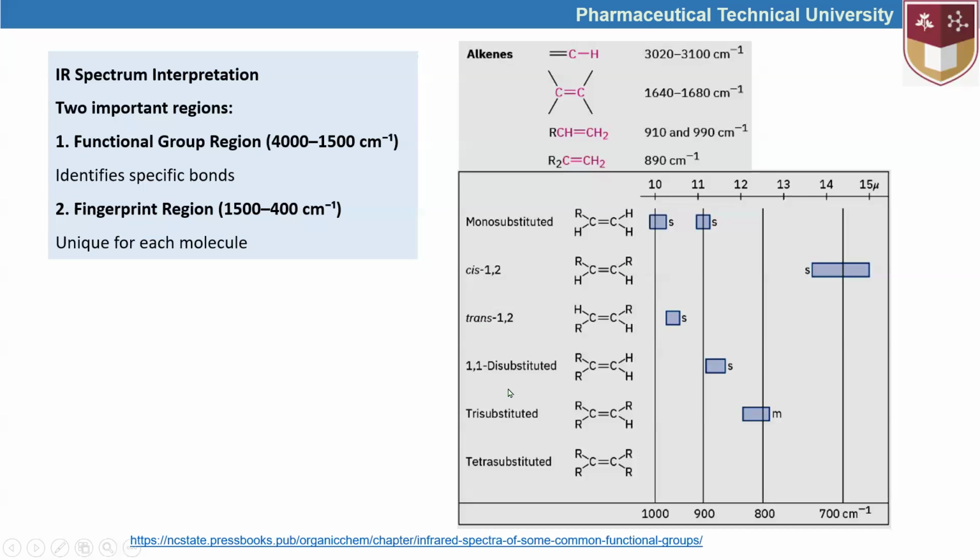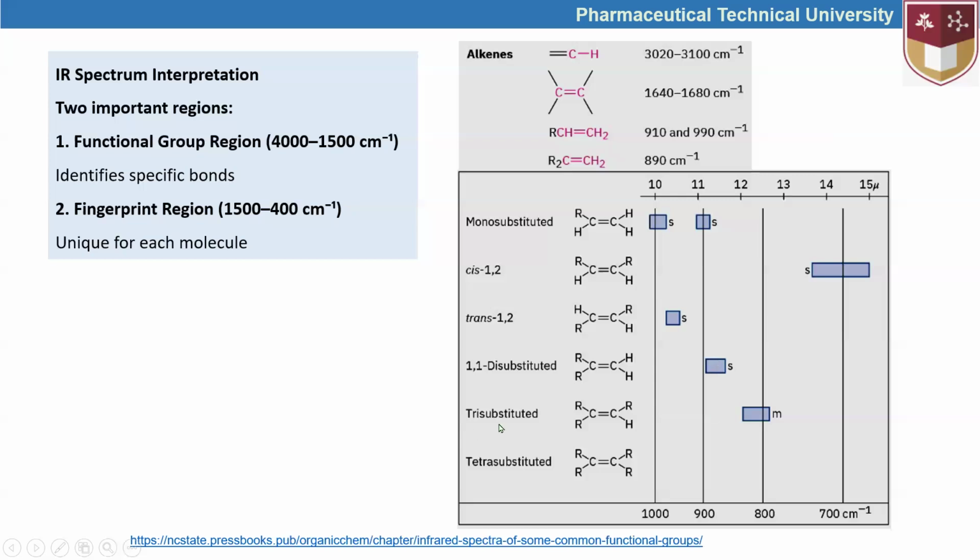Okay, this is about 1,2 derivatives. And here we can see 1,1 di-substituted or tri-substituted or tetra-substituted compounds. In 1,1 di-substituted compounds, here we can see the shift from 1,900 to somewhere like 870, yeah, as the medium number.